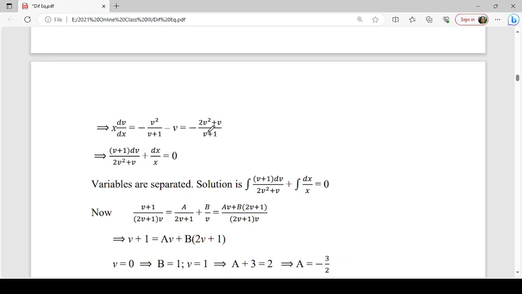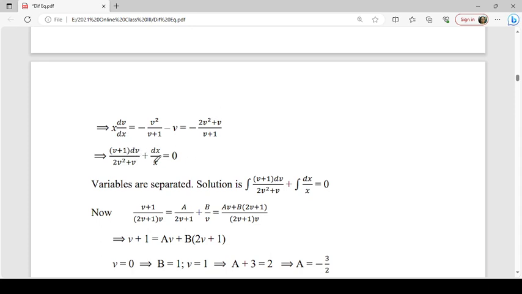Now we take this to the left-hand side, so this becomes (v plus 1) by (2v square plus v) as the coefficient of dv, equal to dx by x. Because it is minus, after transferring to the same side the sign becomes plus.